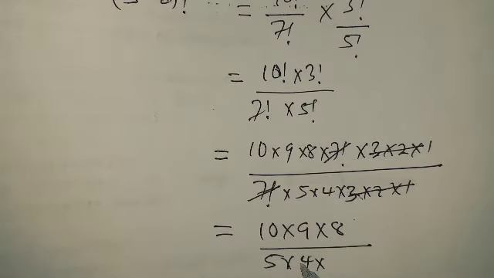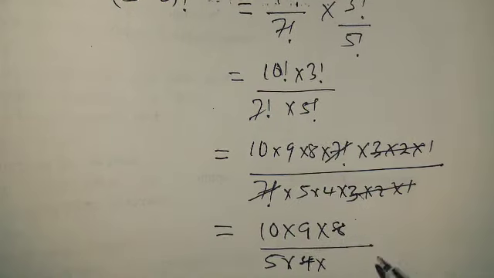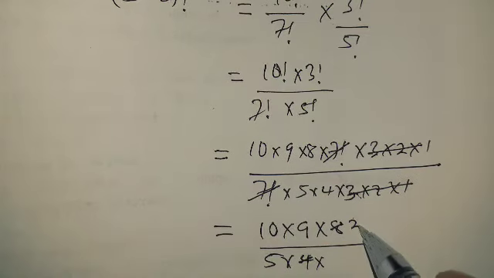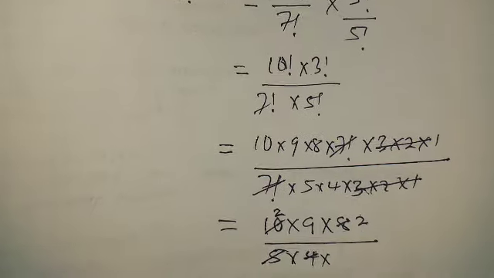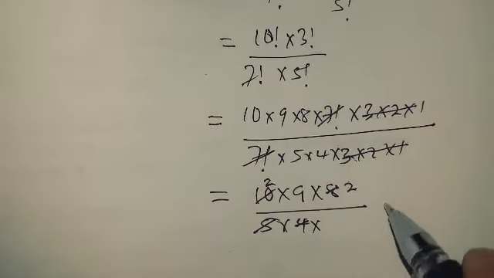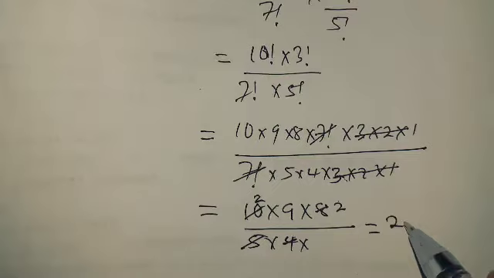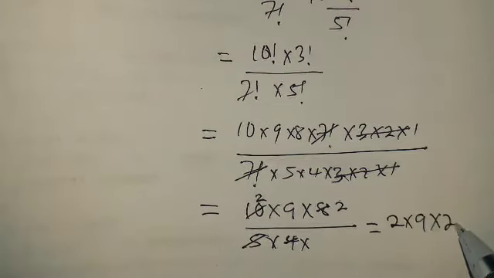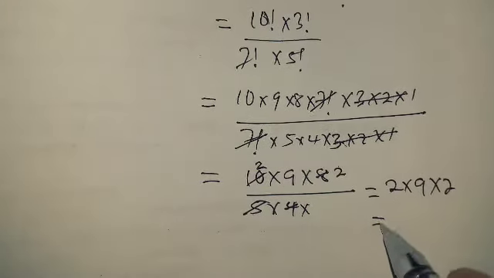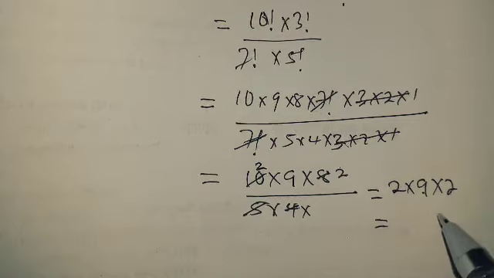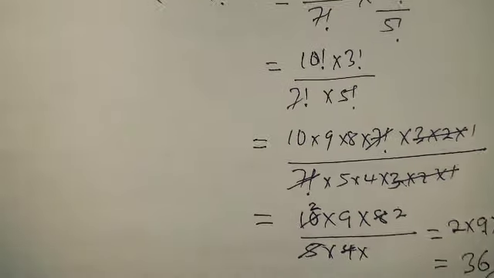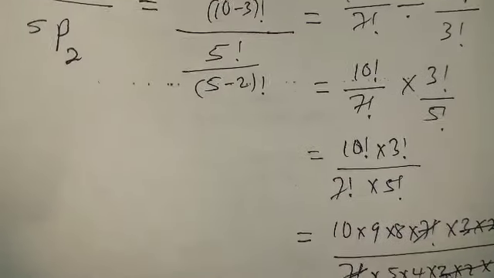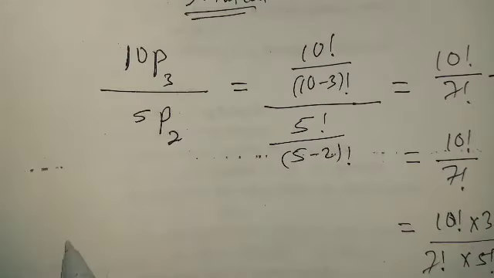So from here, 4 into this remains 2, 5 here also remains 2. So this will give us 2 times 9 times 2, which is the same thing as 2 times 2, 18. 18 times 2 is 36.